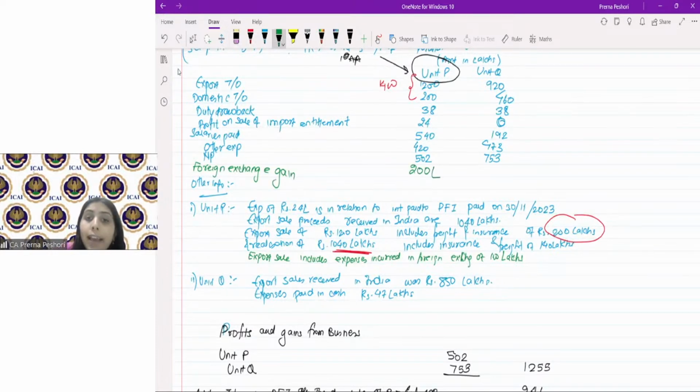You will not exclude it, and you will quote the Supreme Court ruling in Cognizant Technologies.